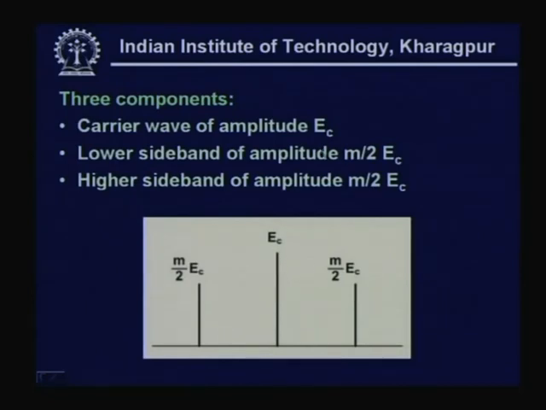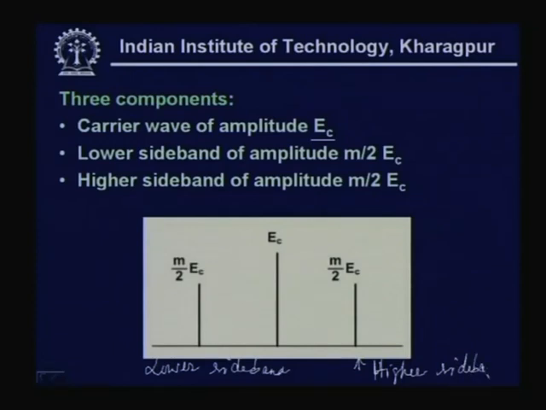Here we see we get a carrier of peak amplitude Ec, we get the lower sideband, this is known as the lower sideband, this is your carrier and this is your upper sideband or higher sideband.